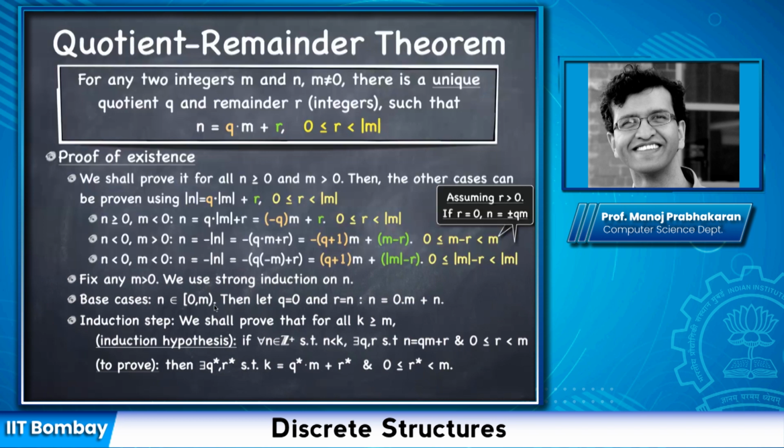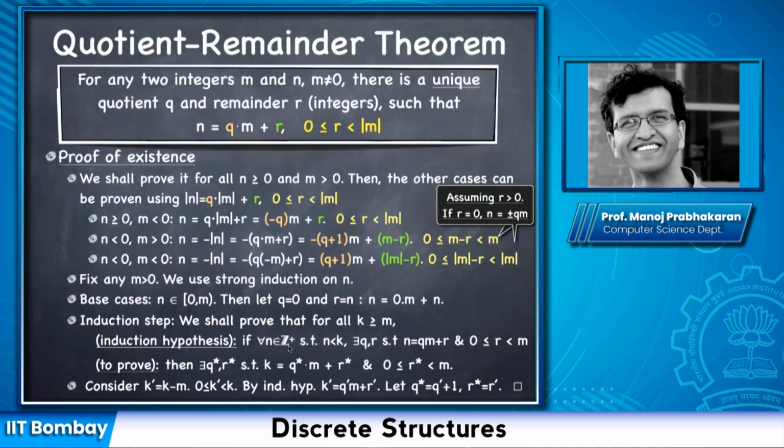And how do I prove it? Again, assuming this claim holds for all n strictly less than k, I want to prove that it holds for k. So let's take k and subtract an m out of it and get a number k prime. Now the point is, since k is greater than or equal to m, when I subtract, I'll still get something non-negative. And of course, it's strictly less than k.